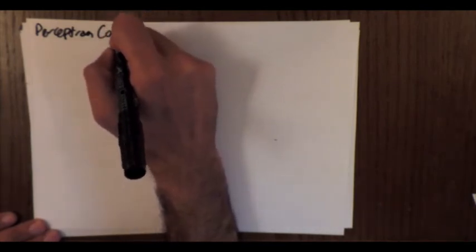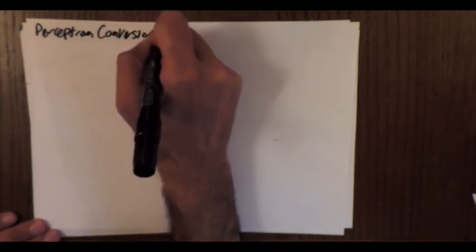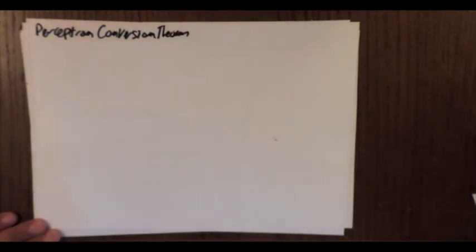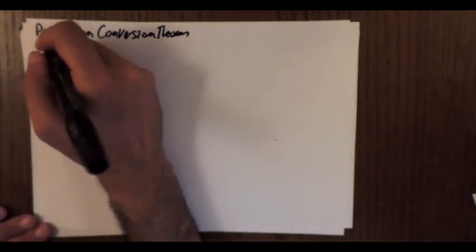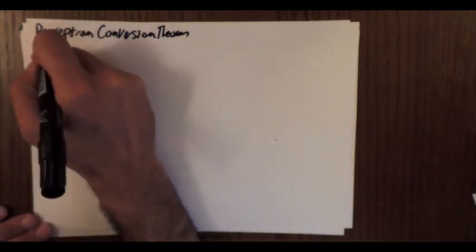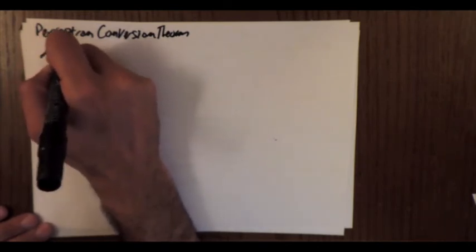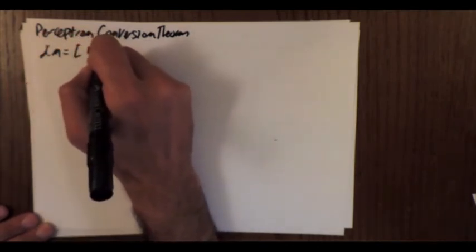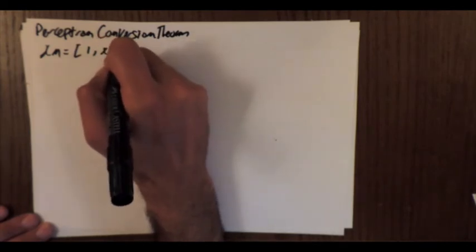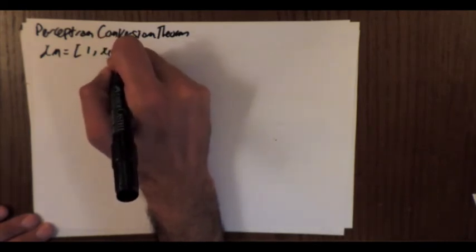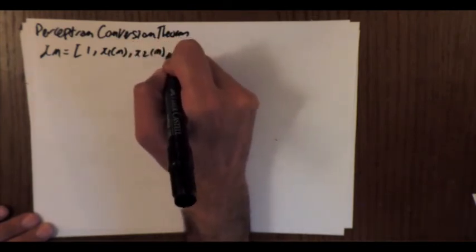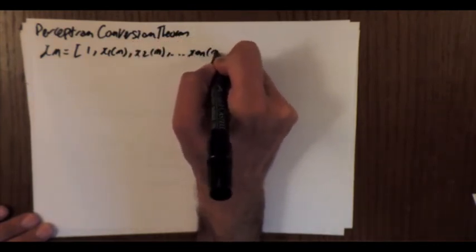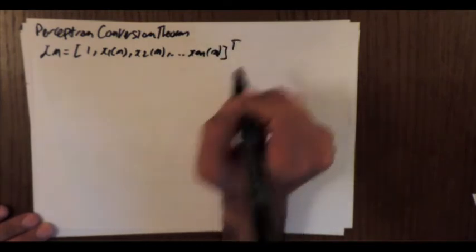If I want to write my input in a different way, let's say x of n equals [1, x1 of n, x2 of n, ..., xm of n] transposed.